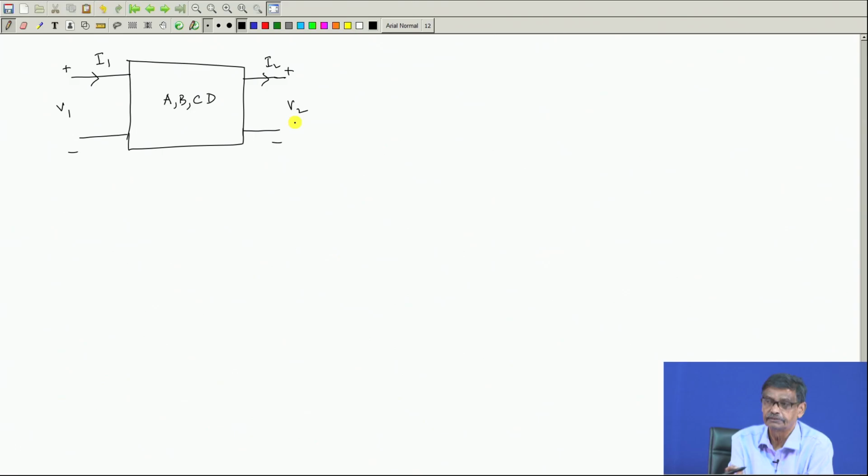This is the convention for ABCD parameters or transmission line parameters, and then we know the input voltage and current are expressed in terms of V1 equal to A V2 plus B I2, and I1 is equal to C V2 plus D I2. These are the conditions.